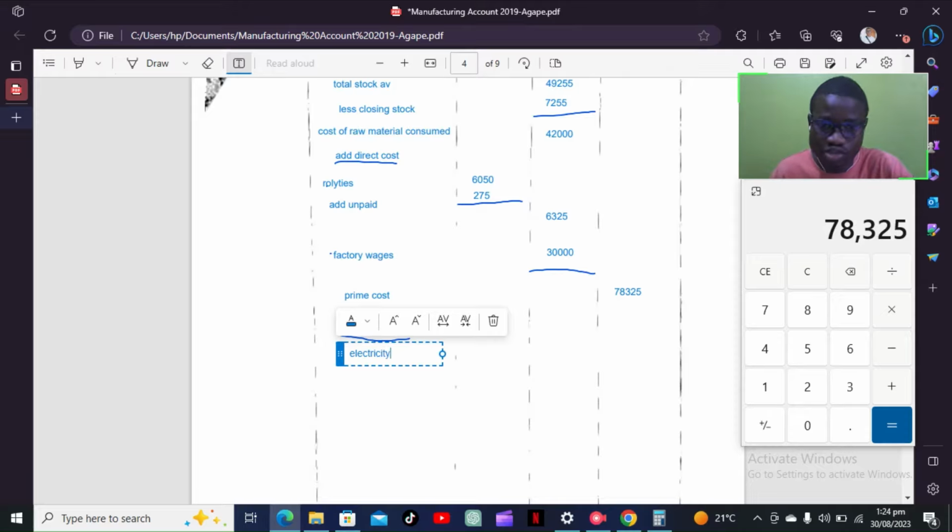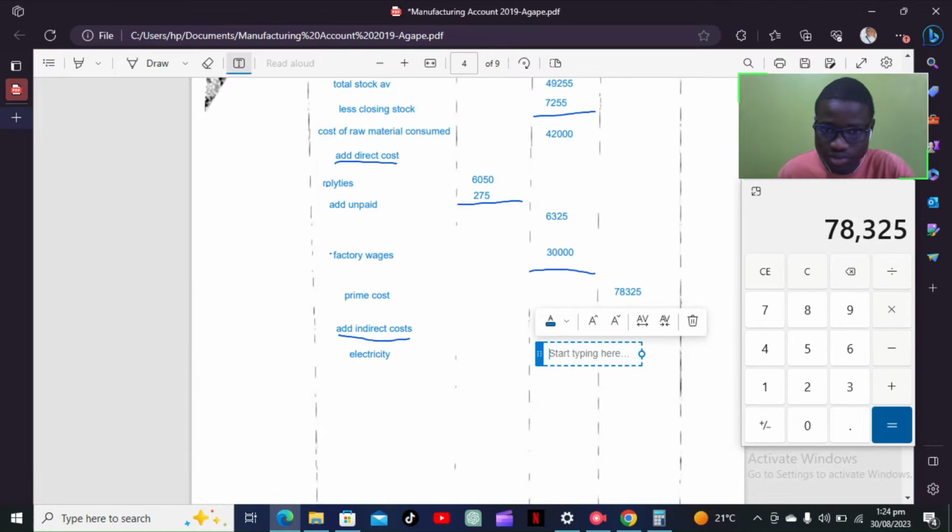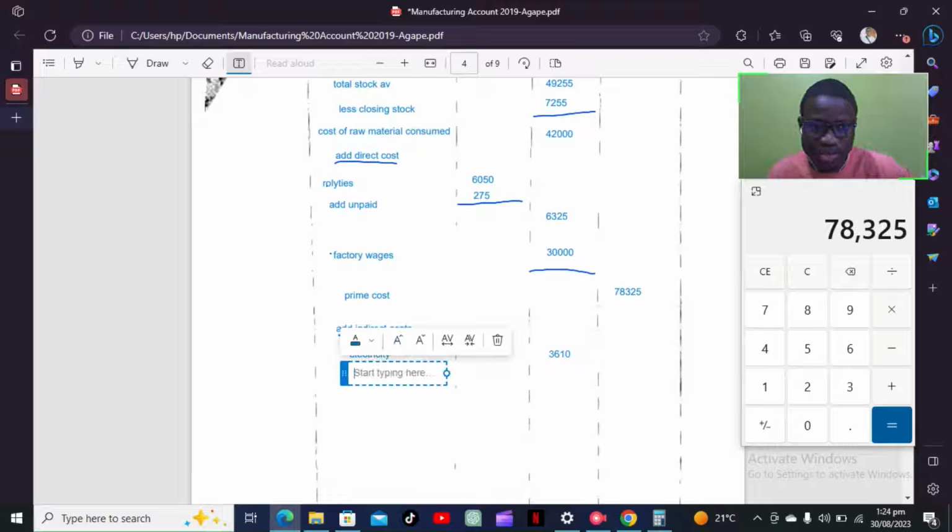So the figure for electricity was 3,610. There's no adjustment attached to it, that's why we've entered it directly. Then we're going to proceed.